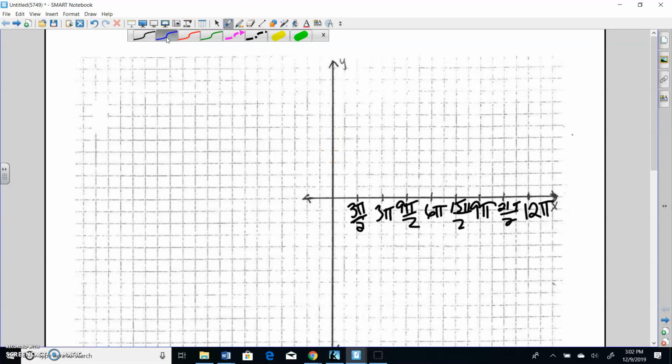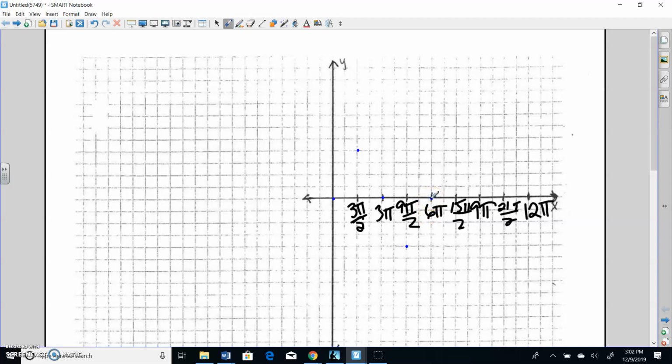4 sine of x over 3. So we have the point 0, 0. That is there. At 3/2 pi, we're going up to 4. At 3 pi, we're at 0 again. 9/2 pi down 4. 1, 2, 3, 4. 6 pi at 0.